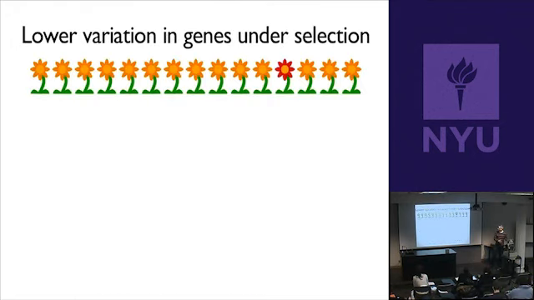Okay? So imagine that you're living thousands of years ago, and you have this field growing nearby of yellow flowers, and one day you're walking around in your field and you see a red flower, and you say, wow, is that beautiful or what? I really want more red flowers. Okay?